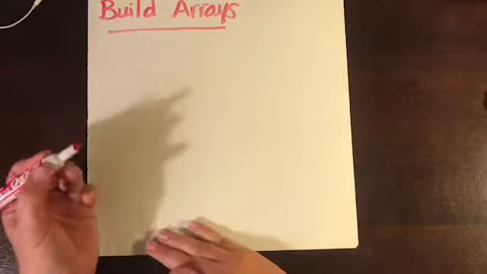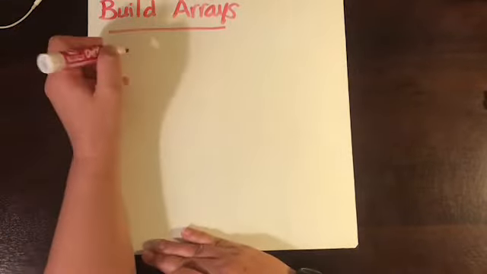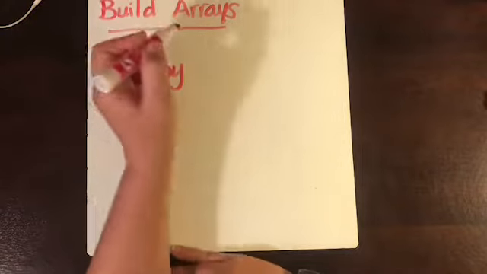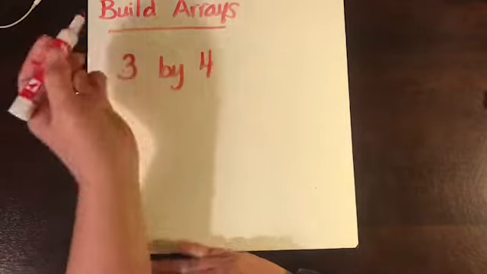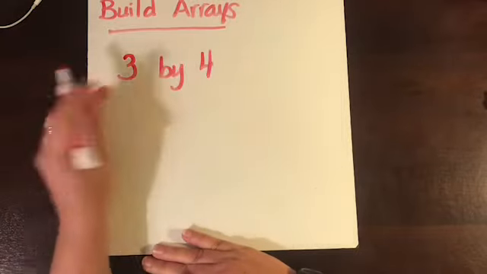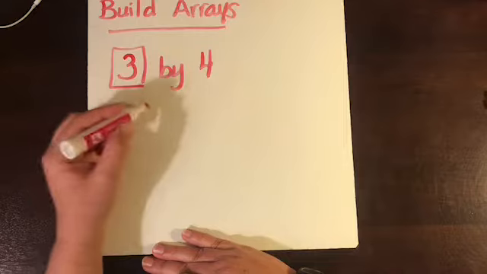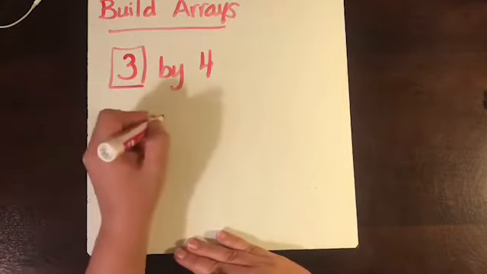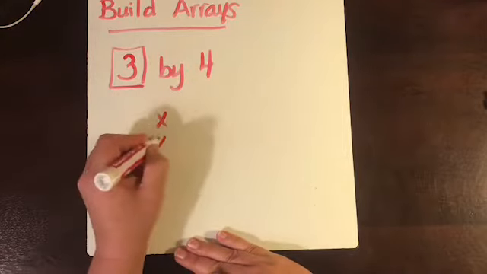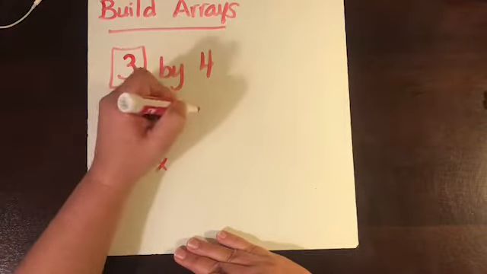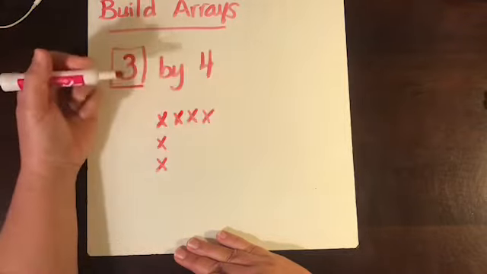Let's do a 3 by 4 array. Okay, how many rows? 3. And then how many in each row? 4. So I'm going to do X's again. 1 row, 2 rows, 3 rows. How many in each row? 4. There's my 4.